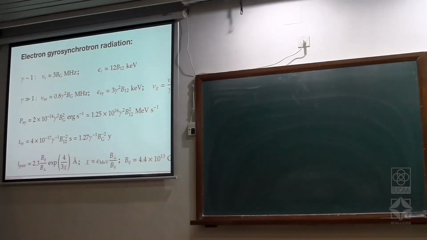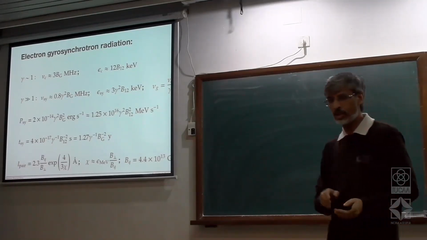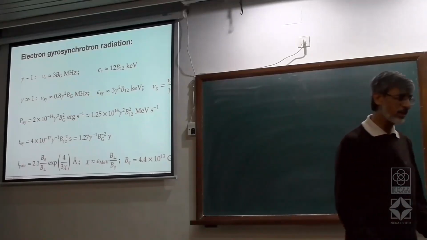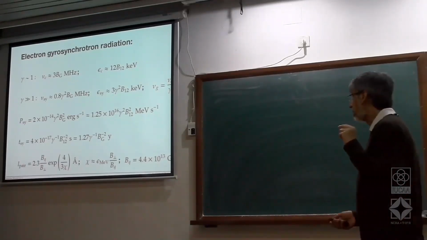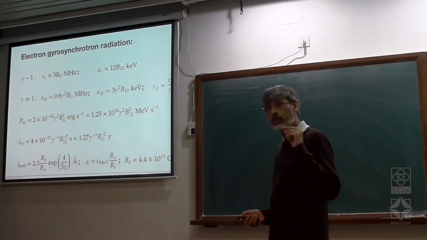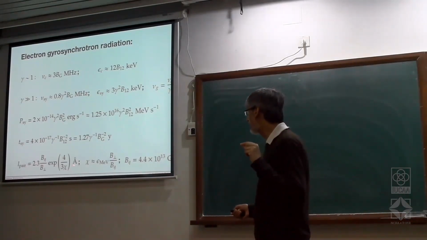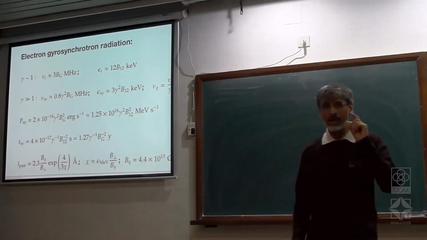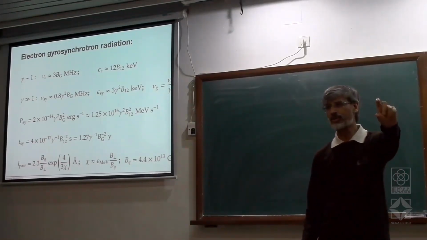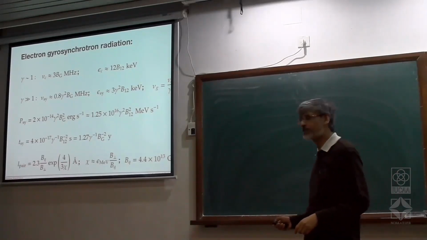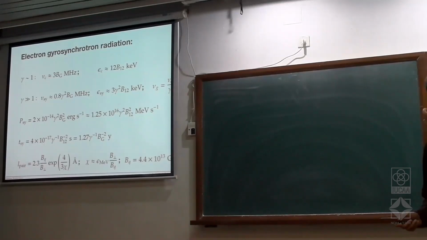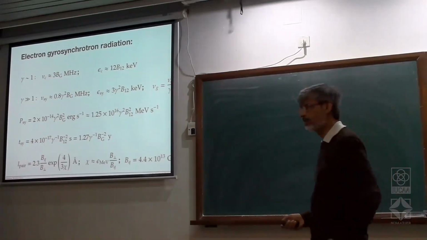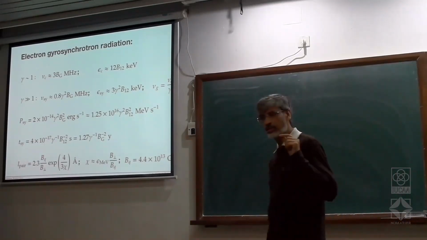So all the photons are emitted in the forward direction, tangent to the local magnetic field. So the photon has to travel a much larger distance than this to pick up a perpendicular component which is significant.